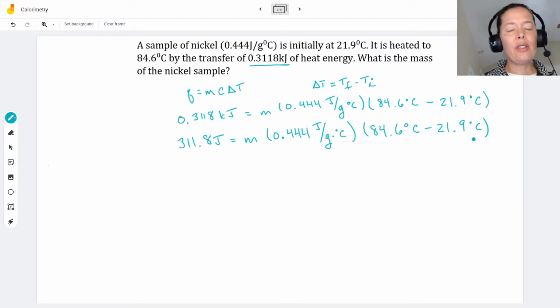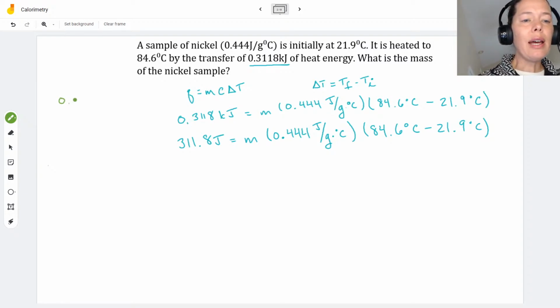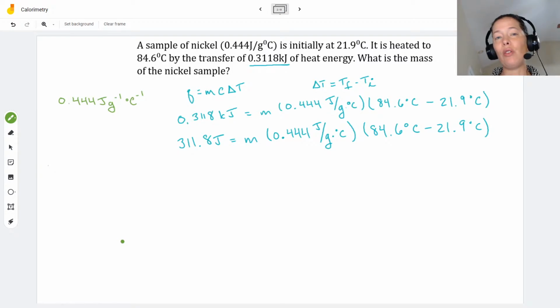This specific heat is written with a slash to mean divided by, but sometimes you might see it written like this, where you have joules, grams to the -1, and degrees C to the -1. So it can also be written with the units like that. Again, all that means is your grams and your degrees Celsius are in the denominator. So it really doesn't matter, just as long as you know what both of them mean.